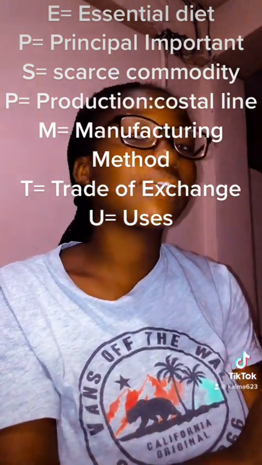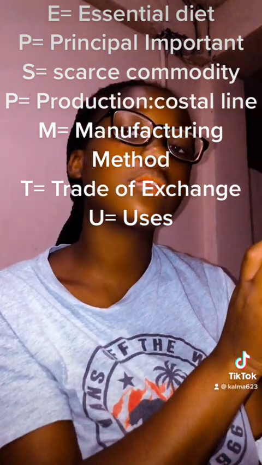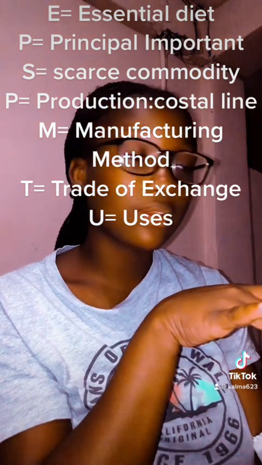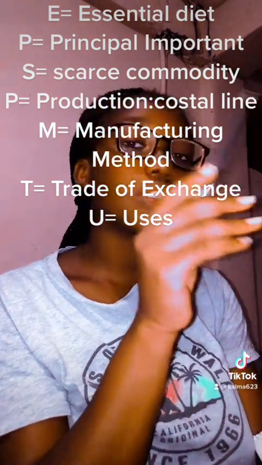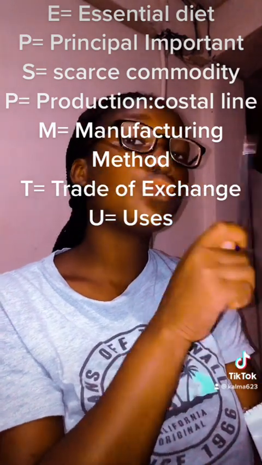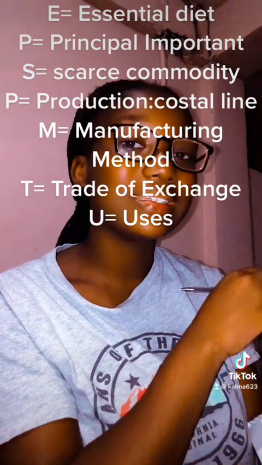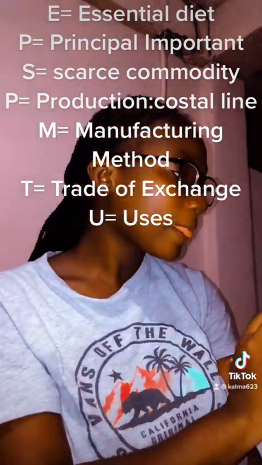We said the E stands for essential diet, right? So what does that mean? Salt was an essential diet. In writing your essay on the salt industry, the first thing you need to note is that salt was an essential diet, and salt is still an essential diet, right?